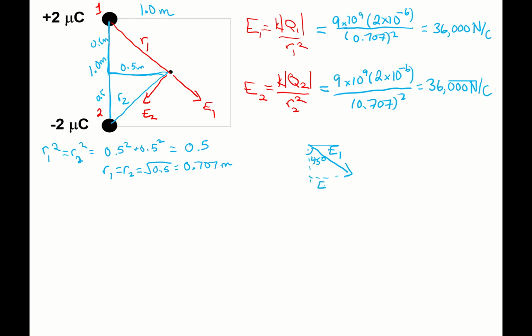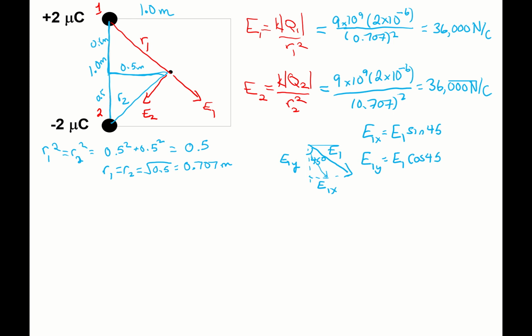E1x and E1y are the horizontal and vertical sides. E1x is E1 times sine 45, since the x side is opposite to the angle, and E1y is E1 cosine 45.